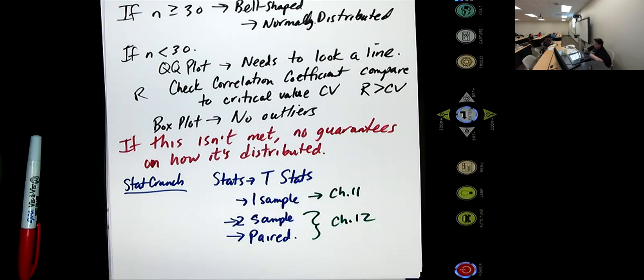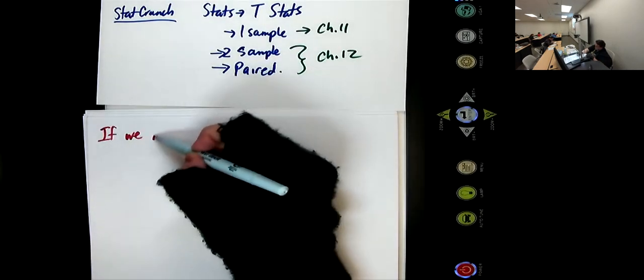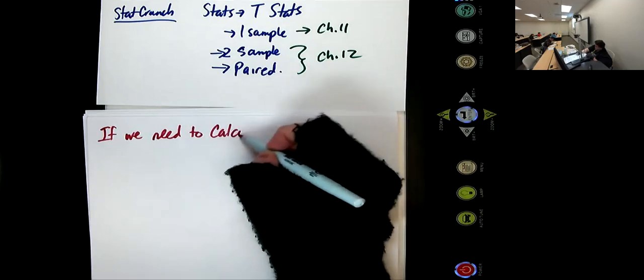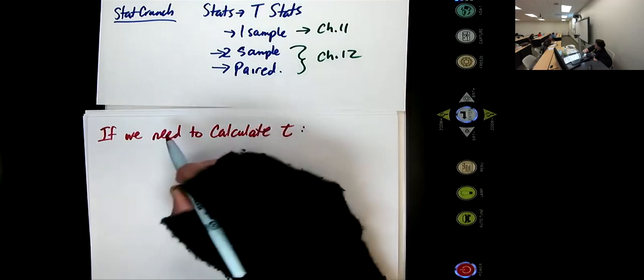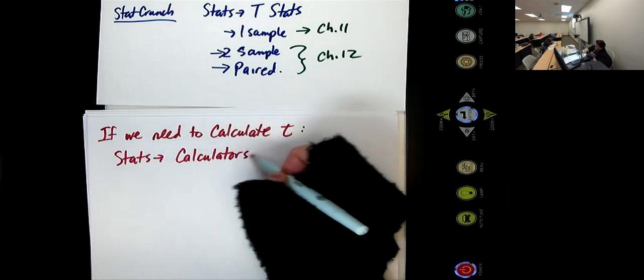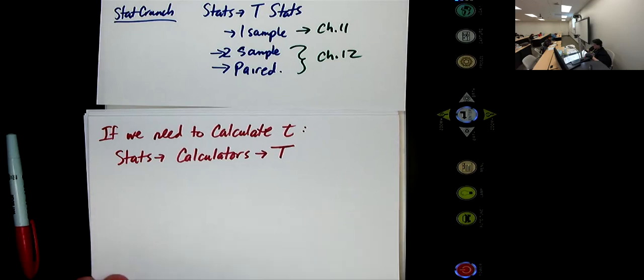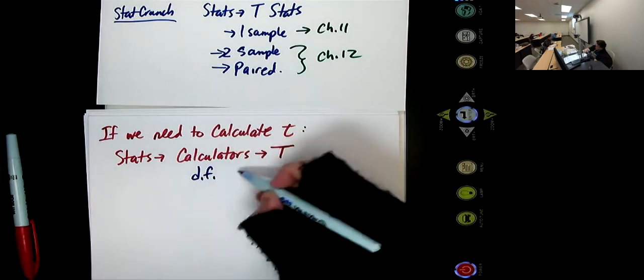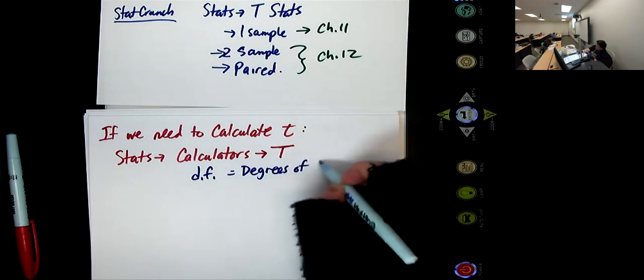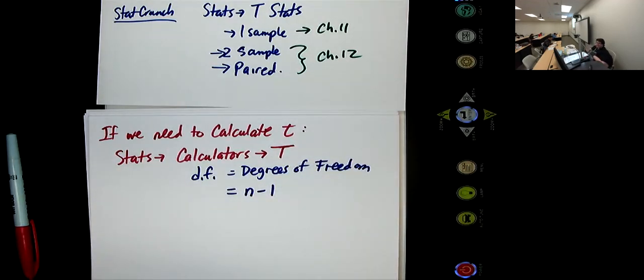If we need to calculate T, go to Stats, Calculators, T. At least one thing you'll need for that is DF, the degrees of freedom, which equals n minus 1, your sample size minus 1.